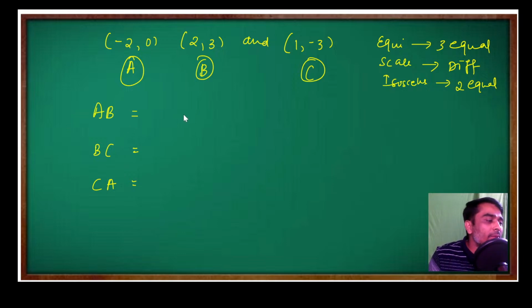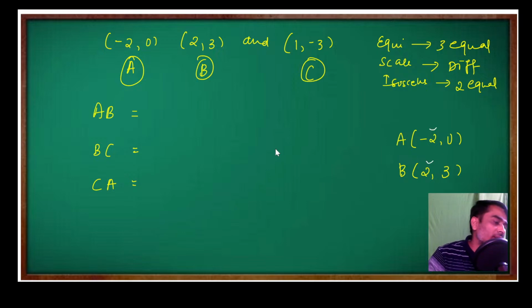So what is AB? Always keep the points one below the other. A is minus 2 comma 0, B is 2 comma 3. While taking, take the B first, then A. Keep one below the other, and you will not have confusion in selecting which is x1, which is y1.